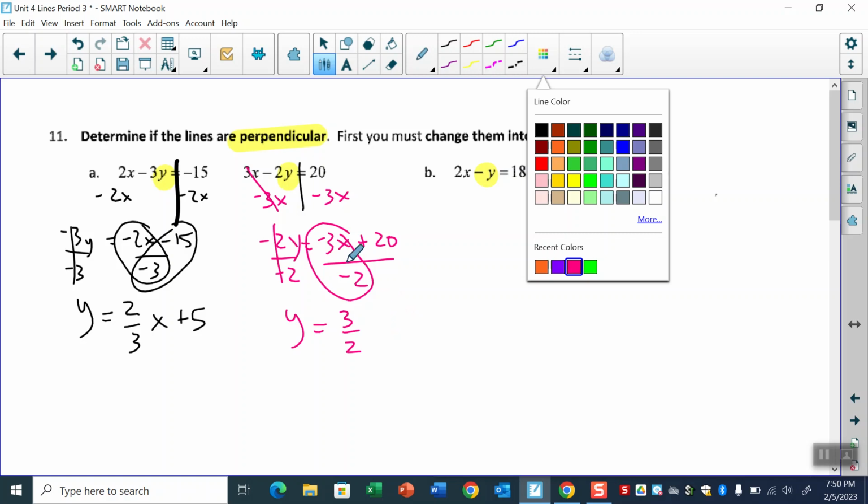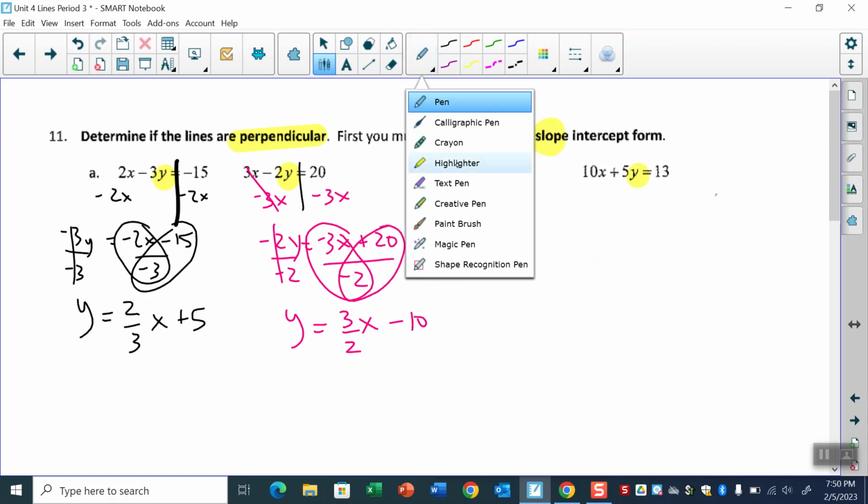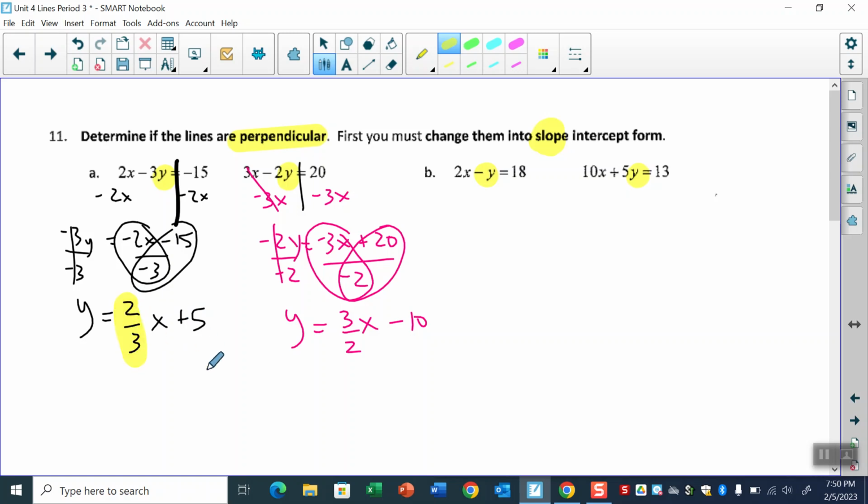Okay, and that's going to be minus 10. Right there I know they are not perpendicular. They are reciprocals, right? But they're both positive. So if they're both positive, they don't make that 90-degree angle. And so the answer here would be no. Not perpendicular.